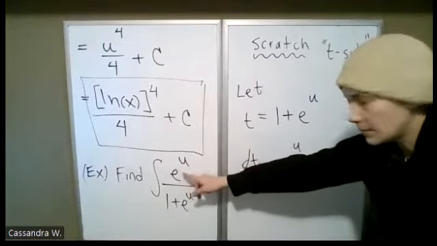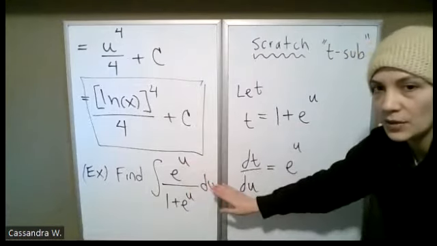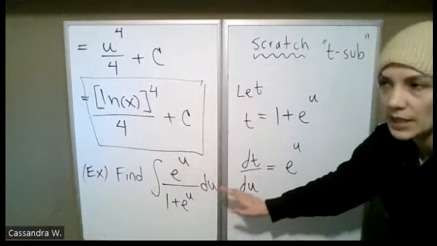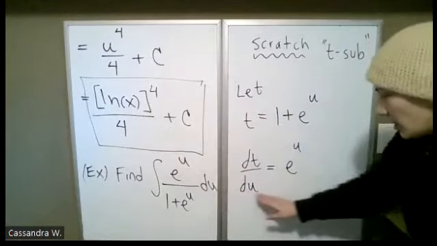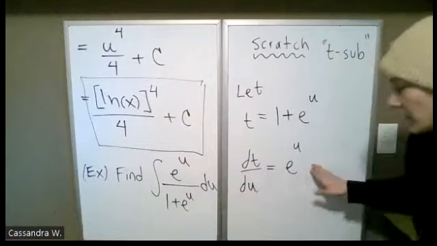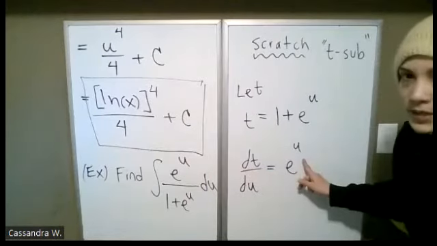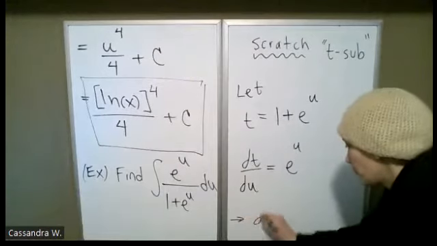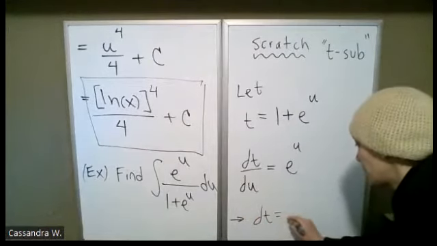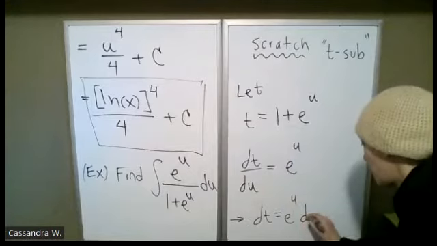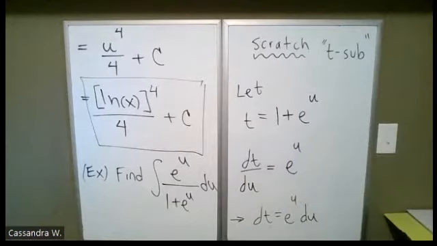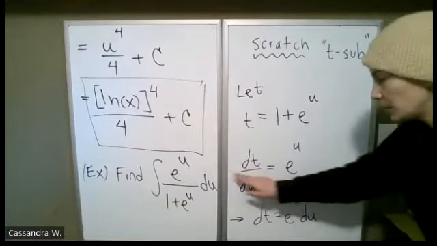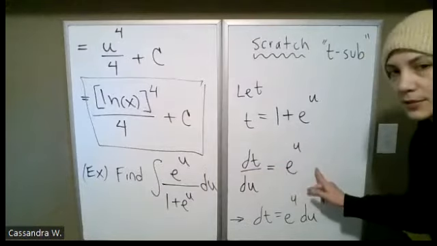That's going to kind of sit there for a moment. And we're also going to replace du. So I'd like to solve for du by multiplying both sides by du and then dividing both sides by e to the u. So let's multiply both sides by du.